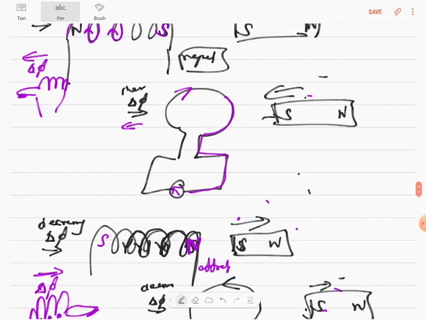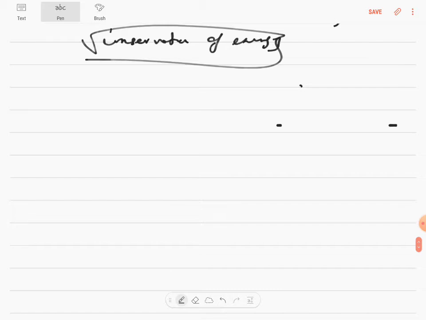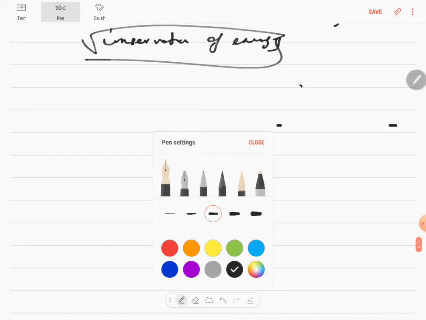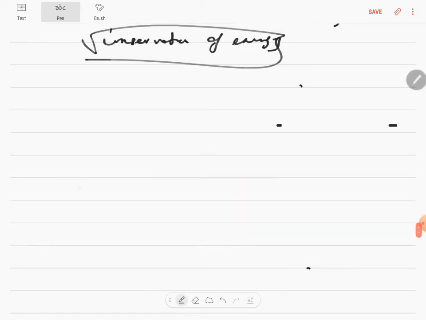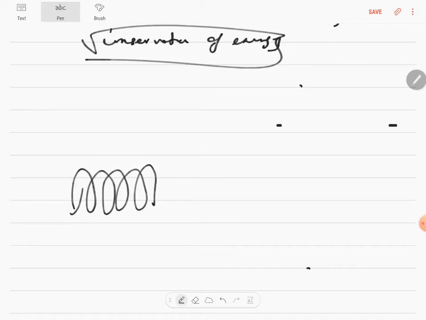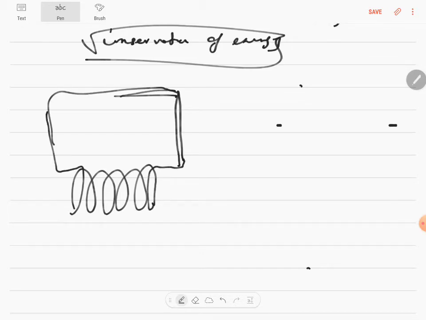So then let's look at some more sums in the book that's given. So then there is a coil here, and there is a rectangular wire which goes like this and is connected to this. This is named as P, this is named as Q, this is named as R. Now I am bringing a south pole near this coil.